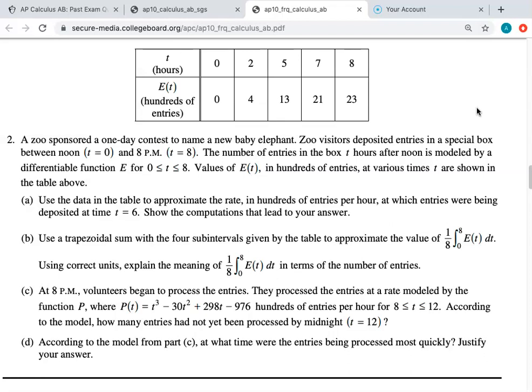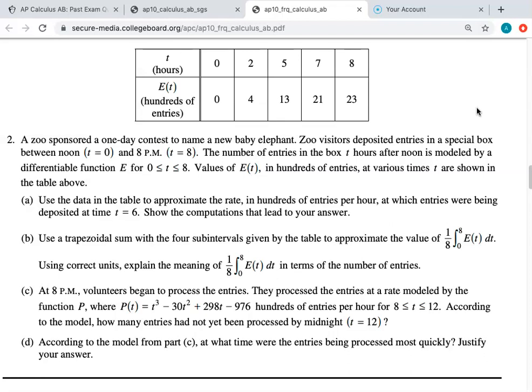Values of E in hundreds of entries at various times t are shown in the table above. So those are the numbers of entries in this box. It's a really big box. Part A. Use the data in the table to approximate the rate in hundreds of entries per hour at which entries are being deposited at time t equals 6. Show the computations that lead to your answer. I know you can all do this.